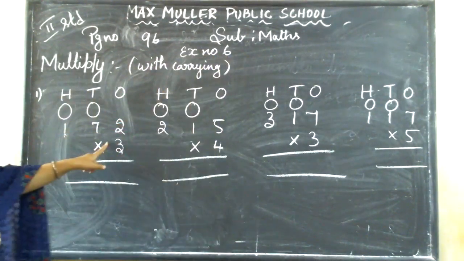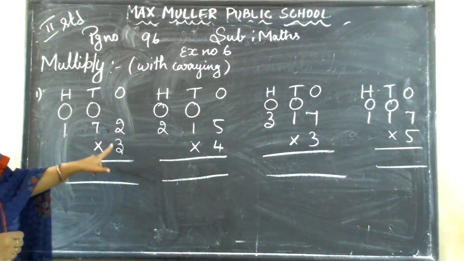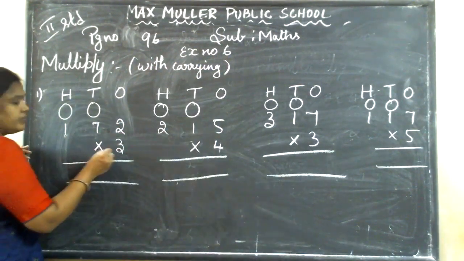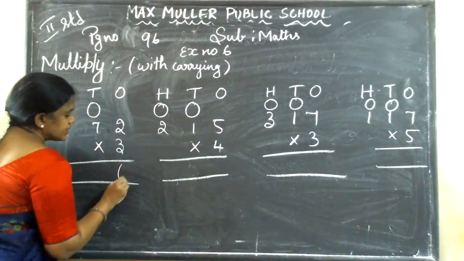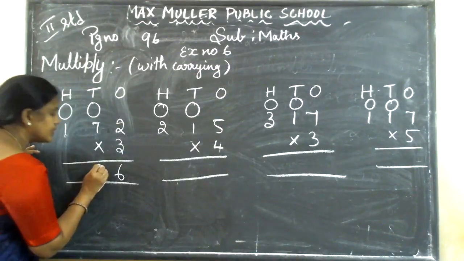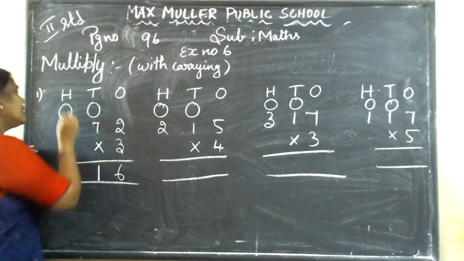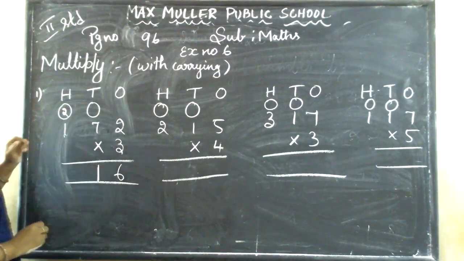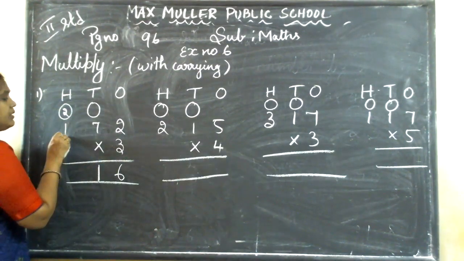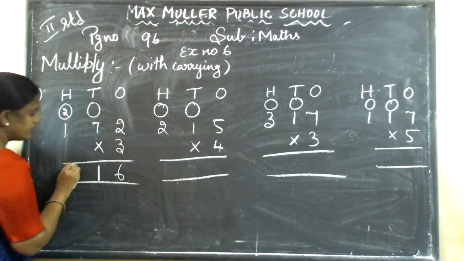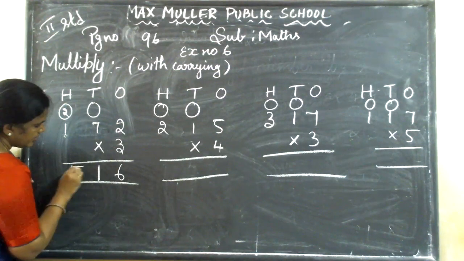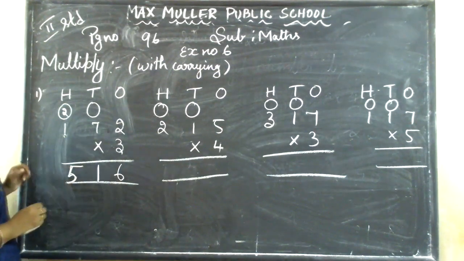This is a multiplication sign now, children, so we want to do multiplication. 3 2s are 6. 3 7s are 21. 21 is a 2-digit number. 1 you write here, 2 you take to the hundreds column. 3 1s are 3. 3 plus 2, how much, children? 5. So the answer is 516.